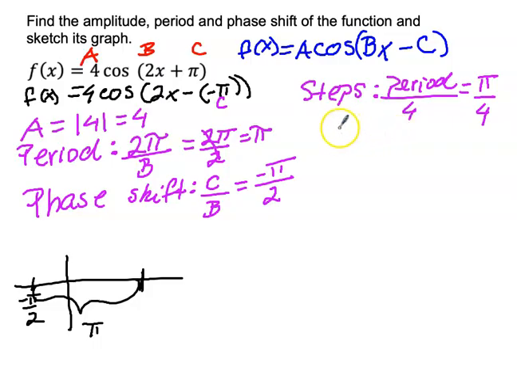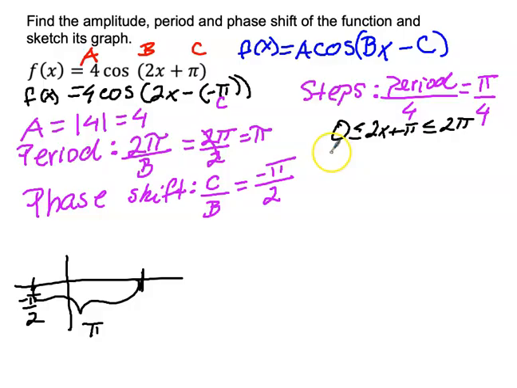So first, if you like, you can double check and see what this point is. So what we're gonna do, we can write 0 is less than or equal to 2x plus pi, that is less than or equal to 2 pi. And basically, we're gonna solve the inequality for x, and we're gonna get our starting point and our ending point.